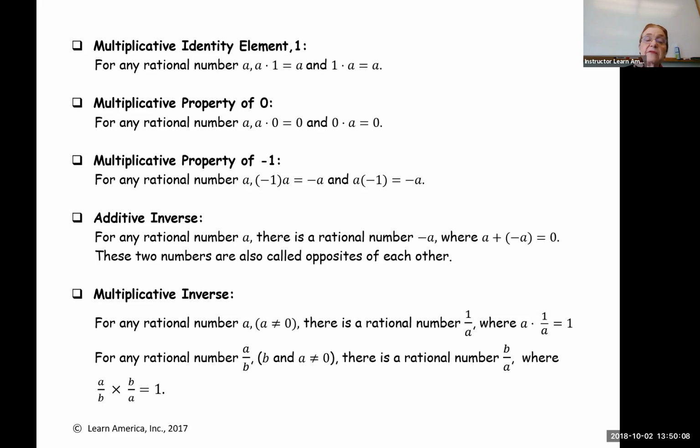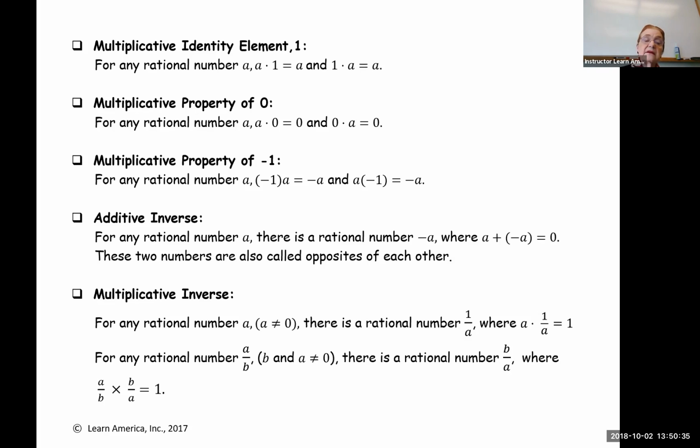For multiplication, we also have an inverse, except for 0. So for any rational number A, as long as A is not 0, there will be a rational number 1 over A, which you can think of as the reciprocal of A, where A multiplied by 1 over A will produce the identity element, which for rational numbers is 1. If you have a rational number A over B, where B and A are both not equal to 0, then there's going to be a rational number B over A, which operates as the multiplicative inverse.